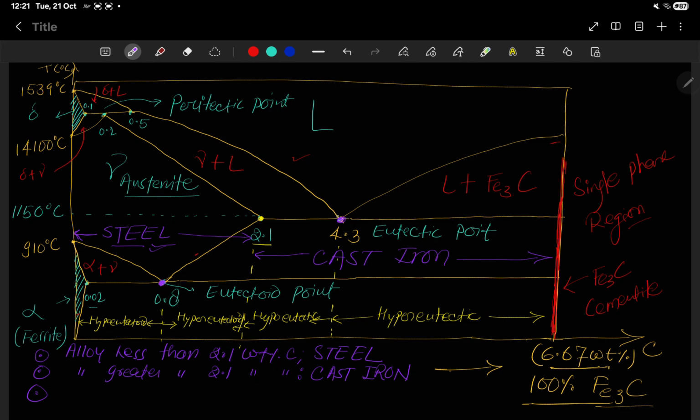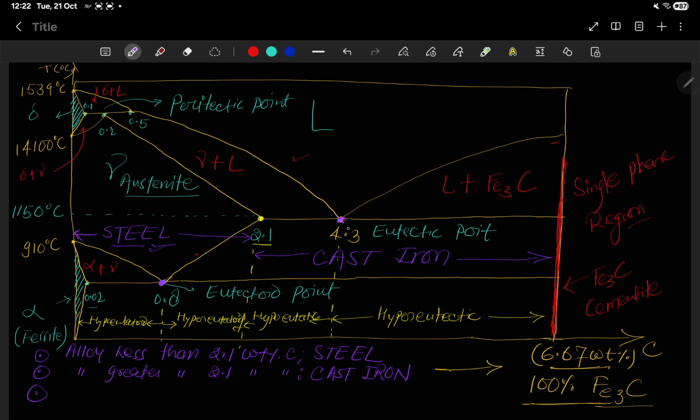So if the composition of the alloy is greater than 2.1, melting will be very easy going from solid to liquid, and solidification will happen very quickly going from liquid to solid at this 4.3 weight percentage of carbon.